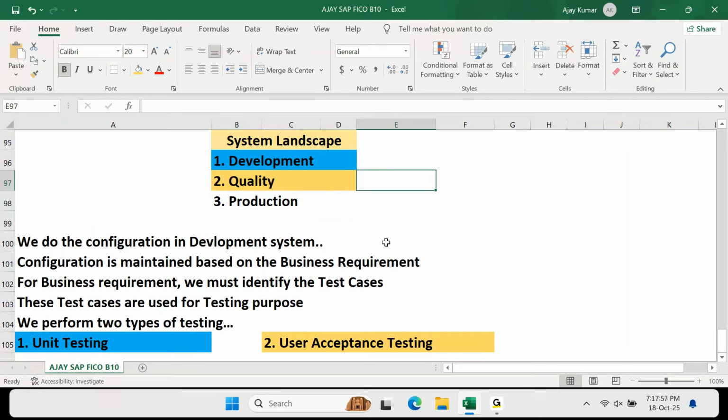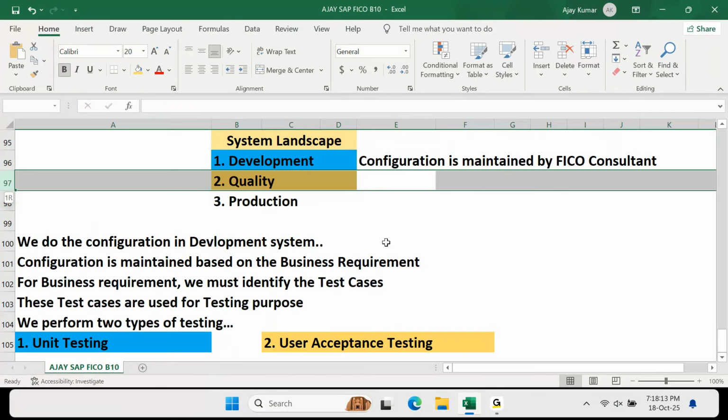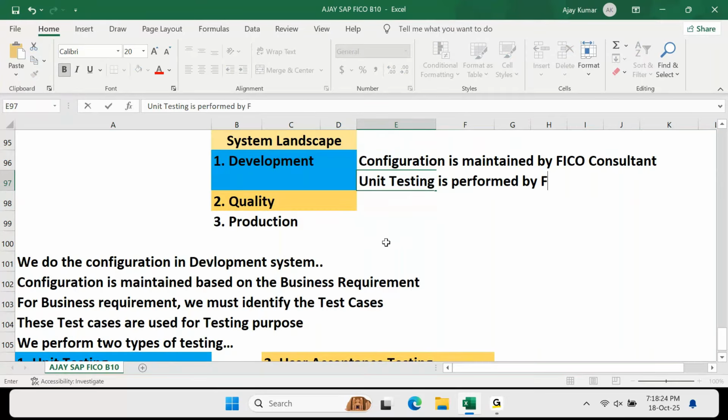Now, in the development system, configuration is maintained by the FICO consultant, plus unit testing is performed by the FICO consultant. Understood?